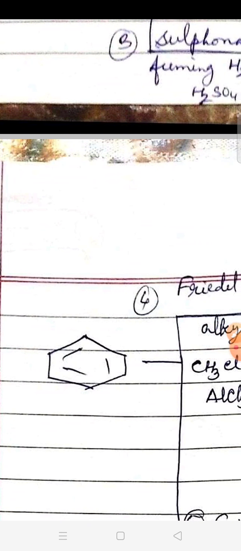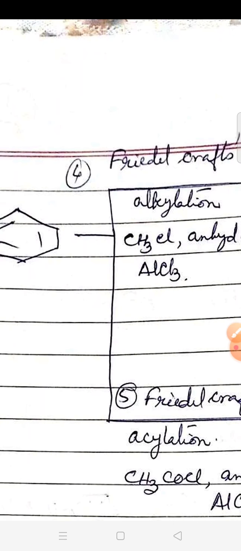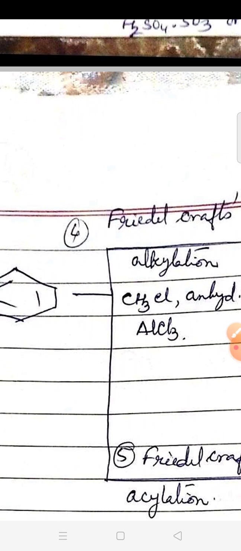Next, benzene undergoes Friedel-Crafts reaction. It's a name reaction. As I said, there are 2 types, alkylation and acylation. Alkylation, as the name suggests, you are introducing an alkyl group in the benzene ring. That means your electrophile is an alkyl group. I have taken here the alkyl group to be CH3.